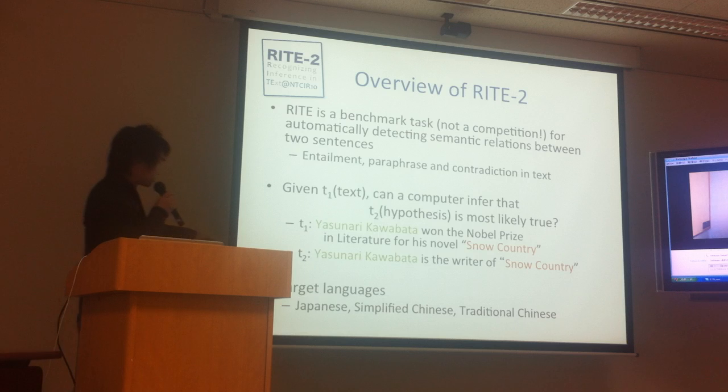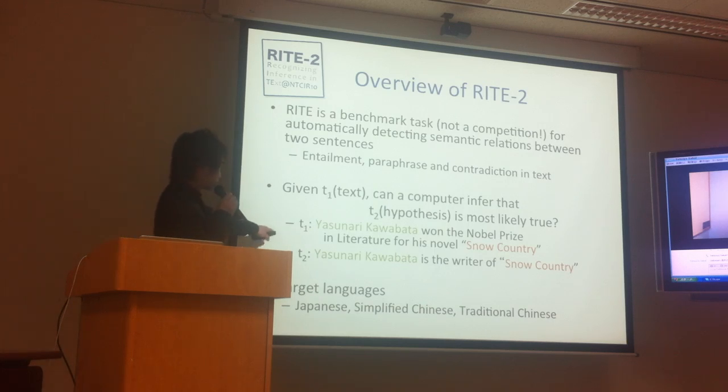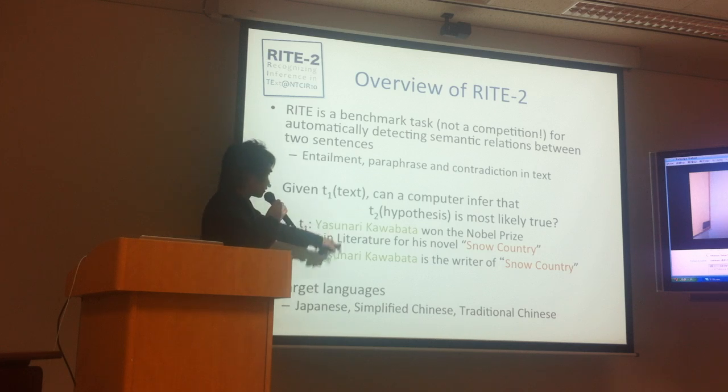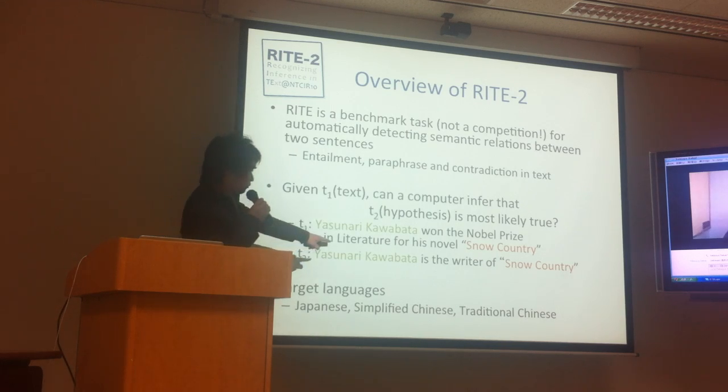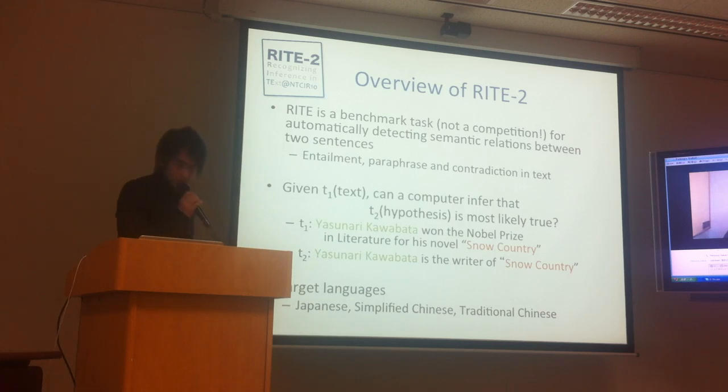Let us consider two sentences, T1 and T2. T1: Yasunari Kawabata won the Nobel Prize in Literature for his novel Snow Country. And T2: Yasunari Kawabata is the writer of Snow Country.